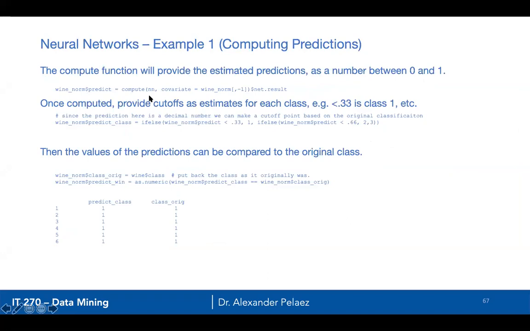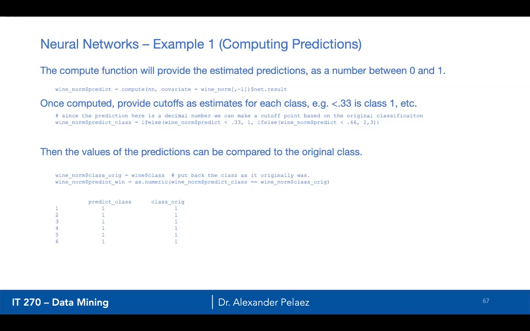Since we have 3 classes, we're going to set an arbitrary cutoff. We're going to basically say that if you're between 0 and 0.33, then your class is 1. If you're between 0.33 and 0.66, you're going to be a class 2.